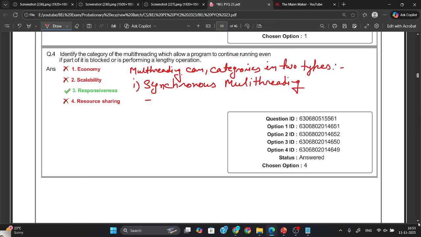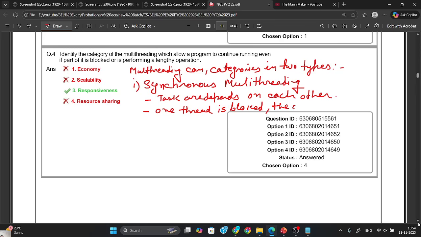If one thread is blocked, the other may have to wait, because all things depend on each other.